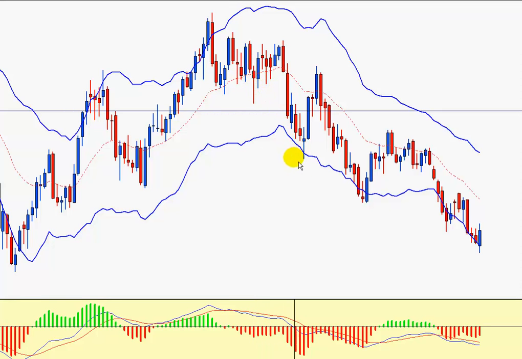When prices move far away from it on the low side, it'll snap back. Well, the Keltner is the same thing. The outer bands are just based on a times 2 deviation of the mean in the center here, and the width of it is dependent on volatility.